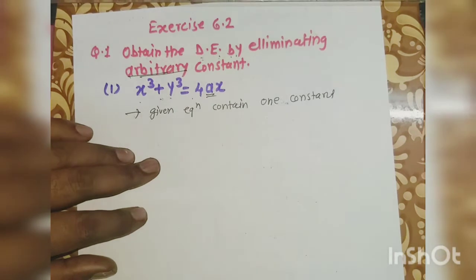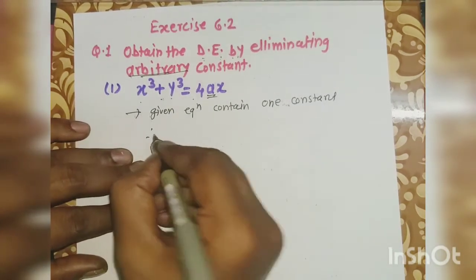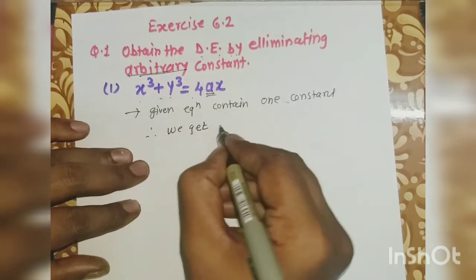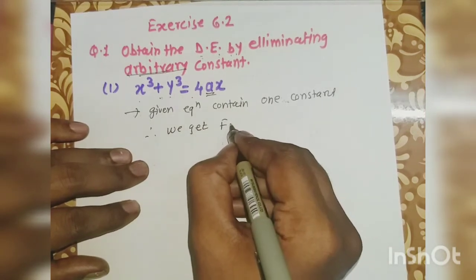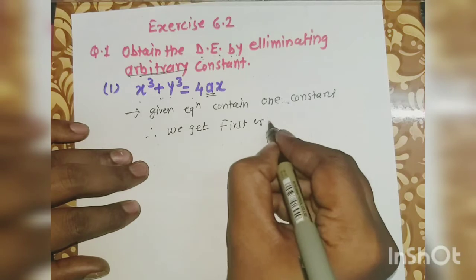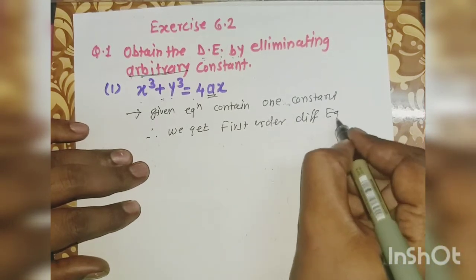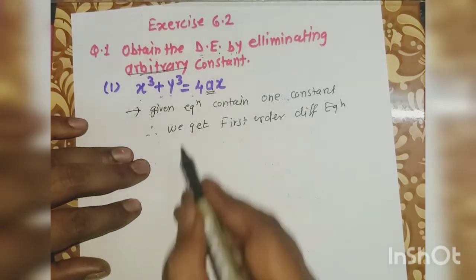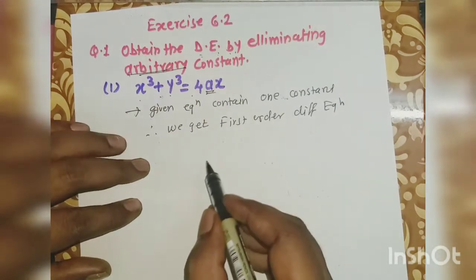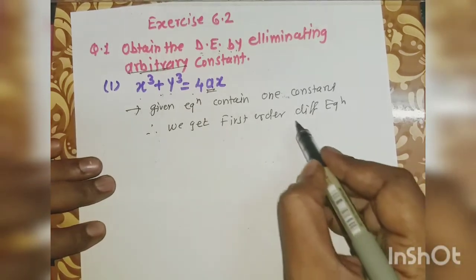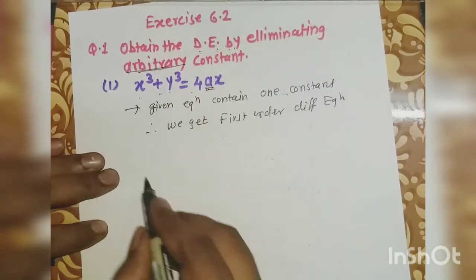Therefore, we get a first order differential equation. Now, we eliminate this a by taking differentiation only one time, because the constant is one and only one.